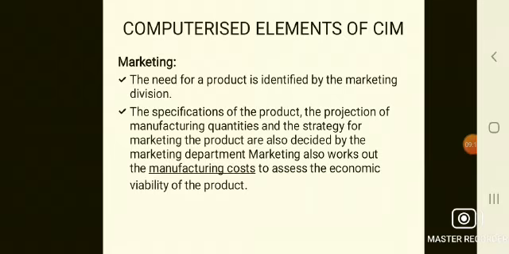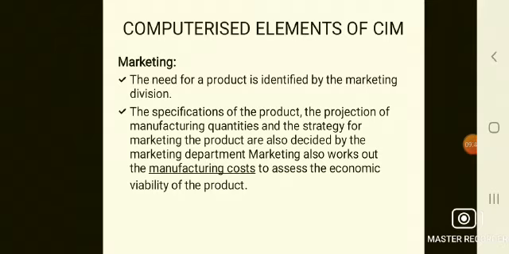First, marketing. The need of a product is identified by the marketing division. The specification of the product, the projection of manufacturing quantities, and the strategy for marketing the product are also decided by the marketing department.